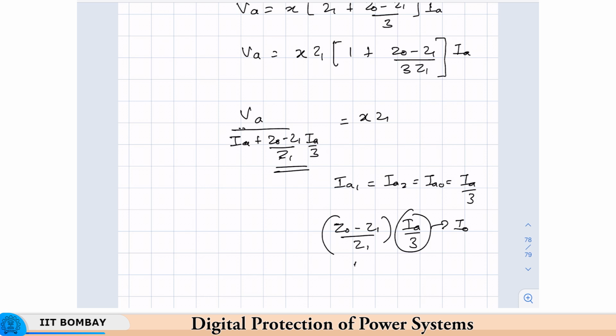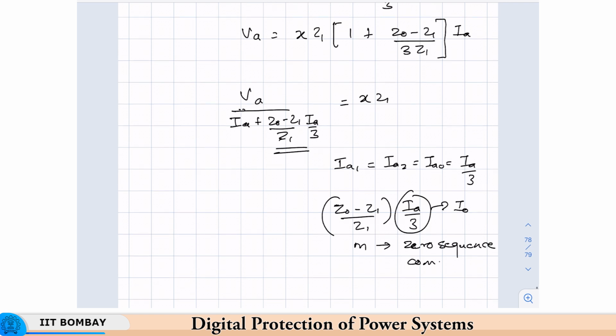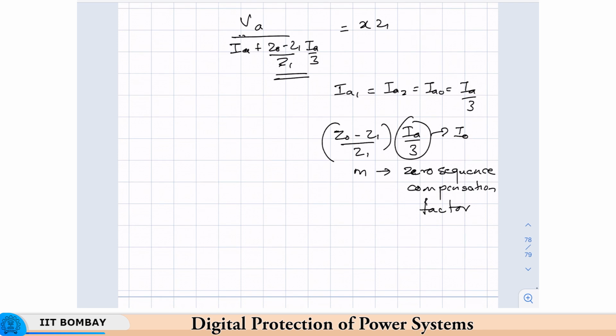Now this is for fault on A to ground. For B to ground, we will need another element, and for C to ground, one more element.